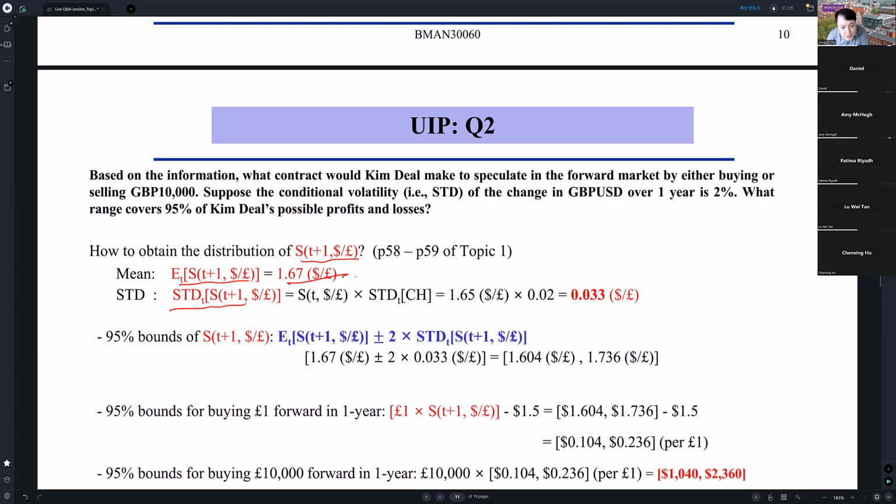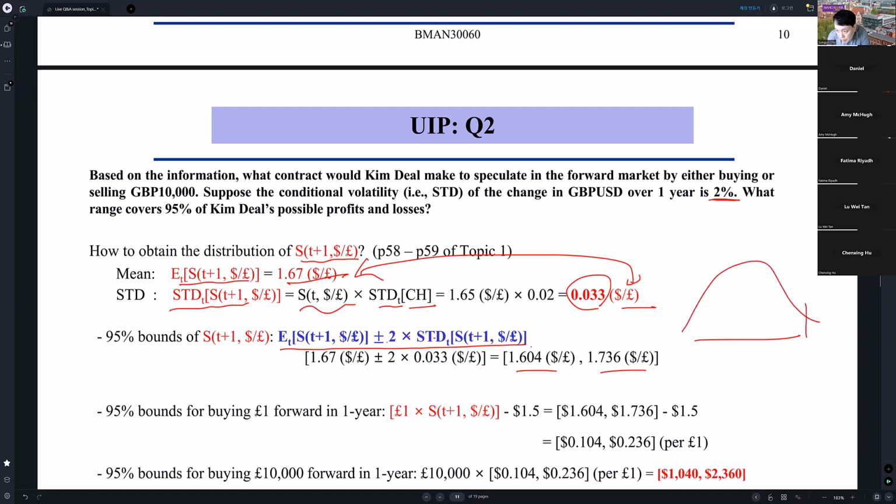What about the standard deviation? It is the current exchange rate times the conditional standard deviation of the change, which is 0.02. So we get this number. Given the mean and standard deviation, we can get the 95% bound: mean plus or minus 2 times the standard deviation. So the lower bound and upper bound, just like before.